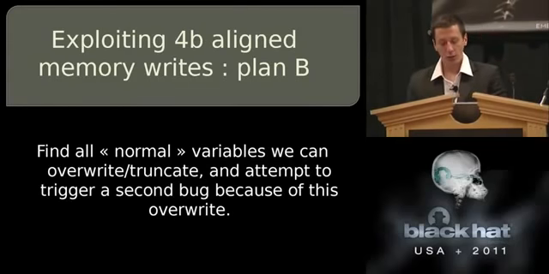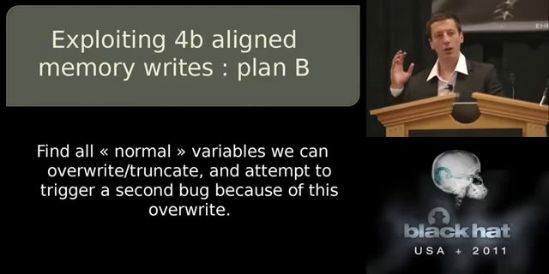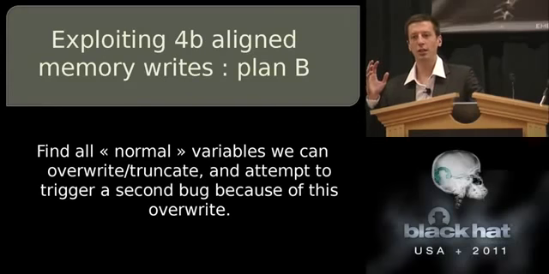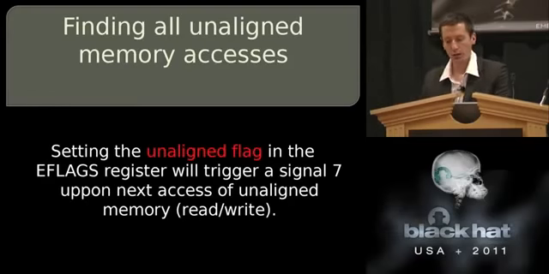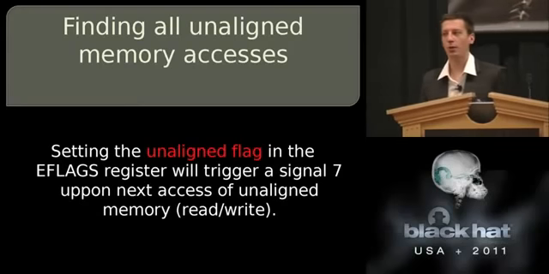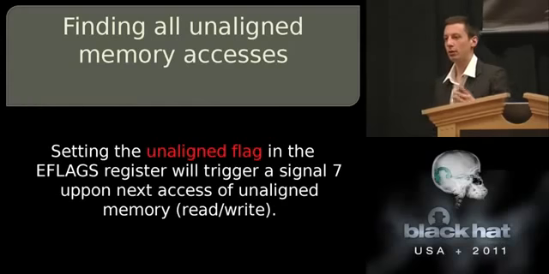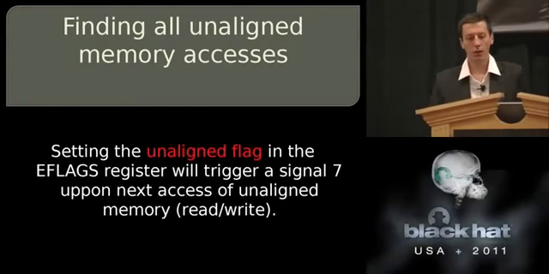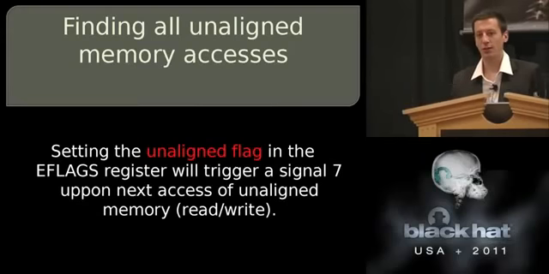Plan B is to check if the application itself is accessing unaligned memory. To do that, we set a special flag in the EFLAGS register, called the alignment check flag. Every time the application reads or writes unaligned memory, the debugger will receive a signal 7.